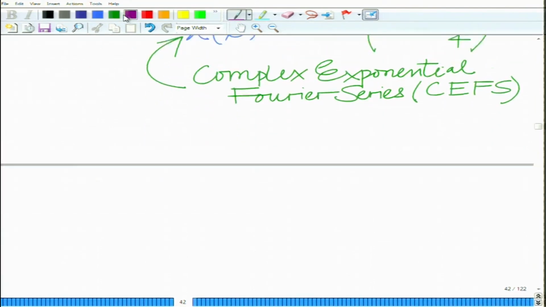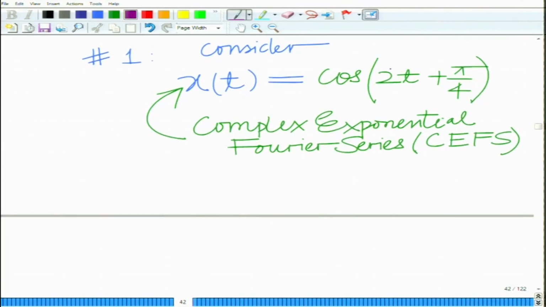pi by 4. Now, what you can observe here is that this is cosine 2 t, all right.